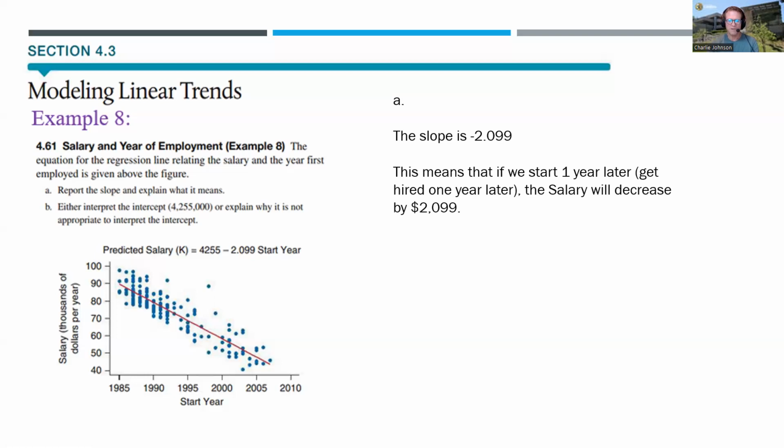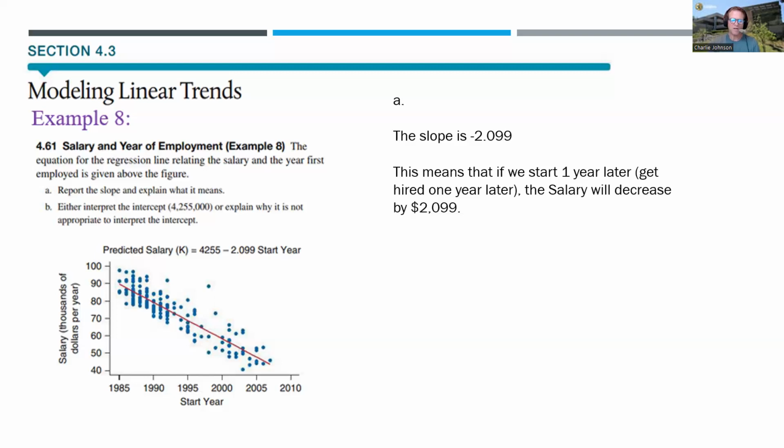Part B, either interpret the intercept, that 4,255 measured in thousands, so that's 4,255,000, or explain why it is not appropriate to interpret the intercept. So the intercept corresponds to when the predictor variable is 0.